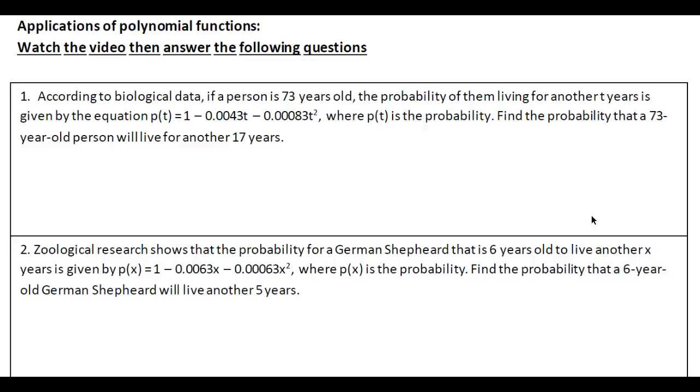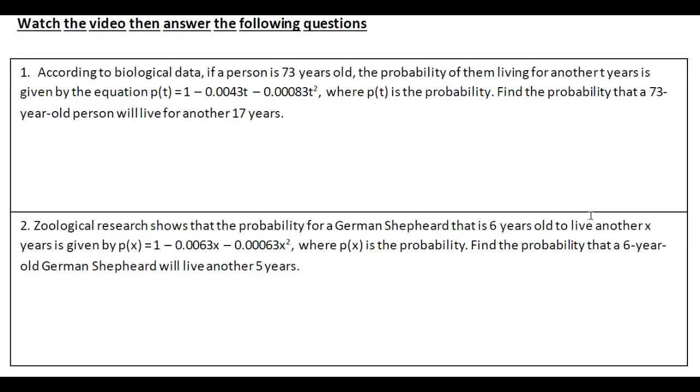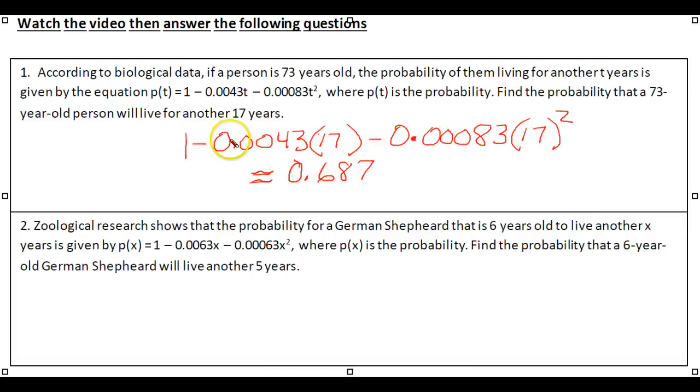So we're having some applications of polynomials, and let's take a look at this and see what we can come up with. So after putting all of this carefully into a calculator, and you should try this as well, I come up with this, and this is what they have, and I rounded it off to 3 decimal places.